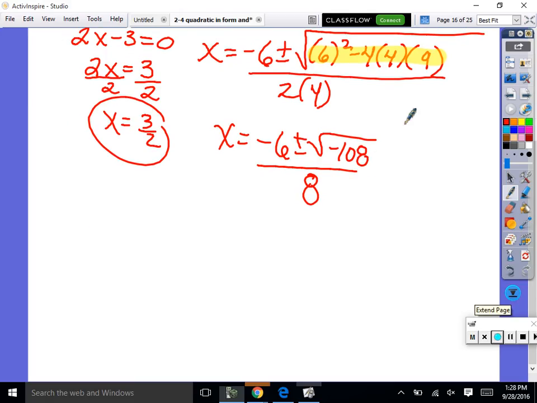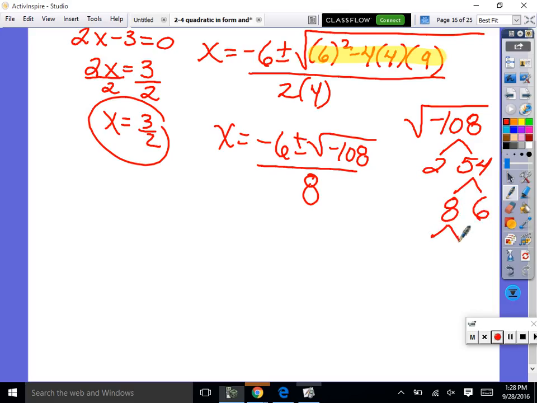Then we go off to the side. We say I can simplify the square root of -108. 108, 2 times 54. 54 breaks down into 8 times 6. 8 breaks down into 4 times 2, 2 and 2. And then 6 breaks down into 2 and 3. Pulling out groups of 2 and pulling out an i, correct? So we're going to have a 2 and a 2.